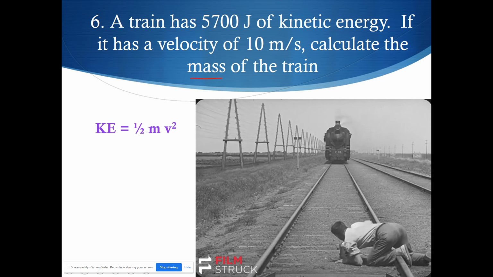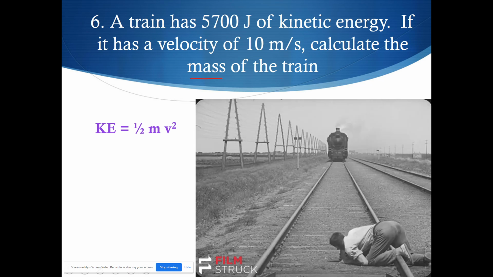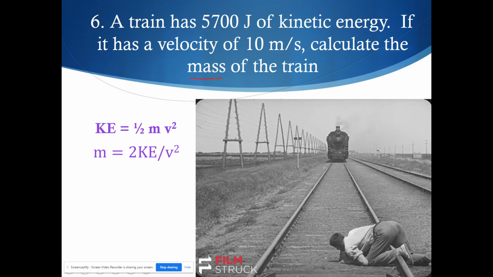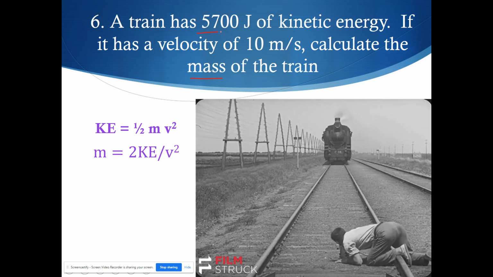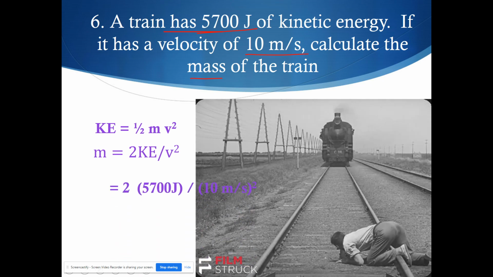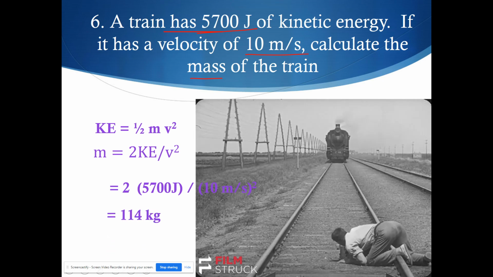And because it's asking me to solve for mass, I'm going to manipulate the formula by multiplying by 2 on each side and dividing by v squared. And I get a formula that looks like this. Now it's very easy for me to plug in my energy and my velocity. Crunch the numbers, and I get 114 kilograms.